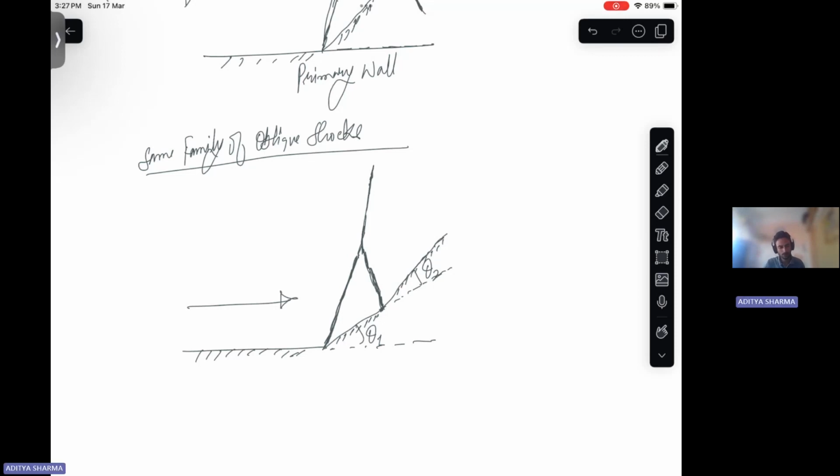So this is about the same family, oblique shocks of the same family.